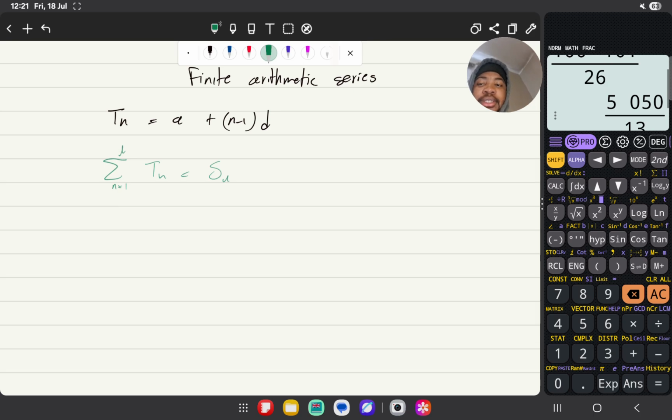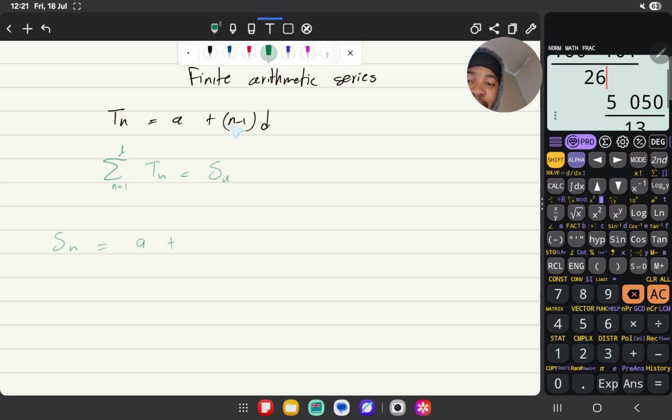So let's cook. In this case, if we're trying to find SL, so Sn here is the sum of the first n terms. You have the first term, which is A. The second term, what is it going to be?